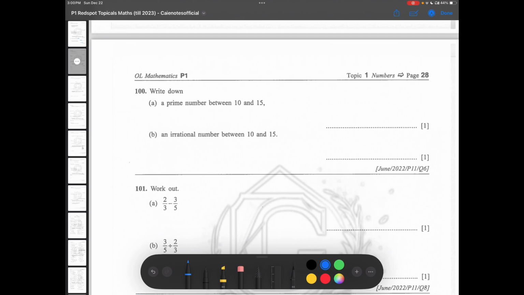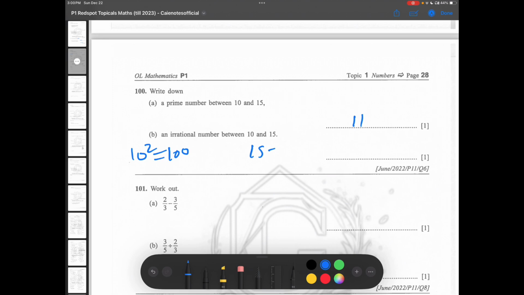Now write down part A, a prime number between 10 and 15, a pretty easy question. It could be 11 or 13. Whatever you write will be correct. An irrational number between 10 and 15. We did such a question before. Square of 10 is 100.